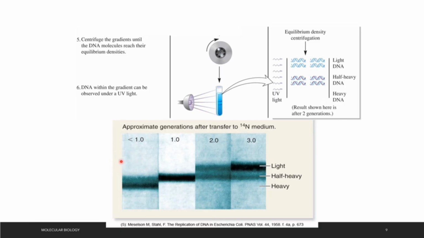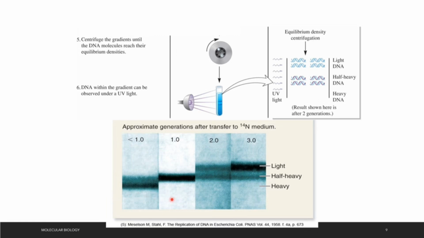When they first start the culture in 14N, some of the DNA molecules will be heavy, and some of the DNA molecules will be half heavy. Okay, so these will be somewhere between 14 and 15.